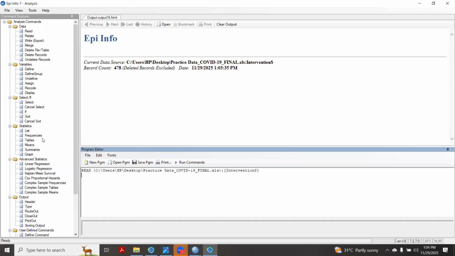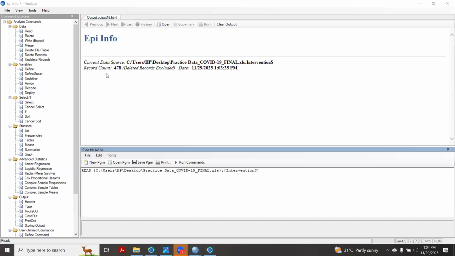So for those sort of variables, you can come to frequency. Like I said, you're able to generate frequency and percentages.